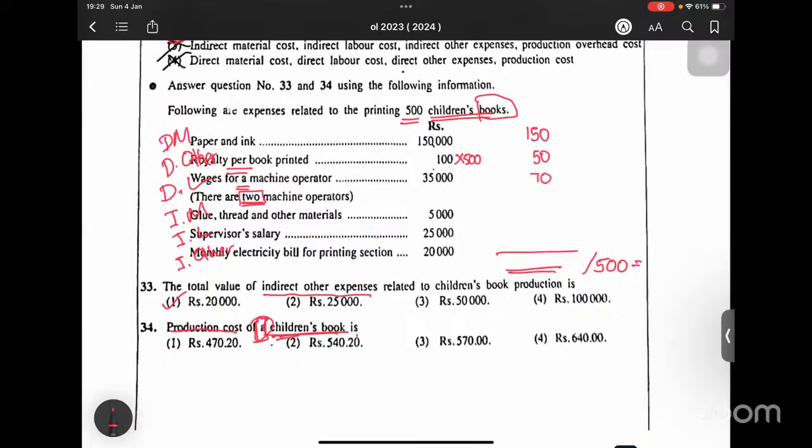And glue 5, 25 and 20. 20, and here the total expense will be 50. So what is the total? 32,000 total. No, it is 320,000. And here we put the 1,000 because I think you're confused.